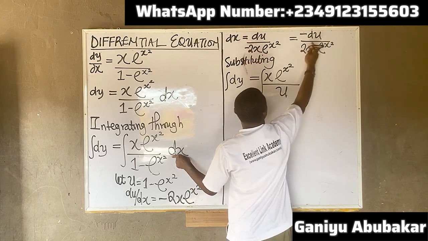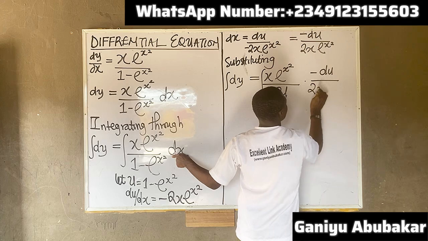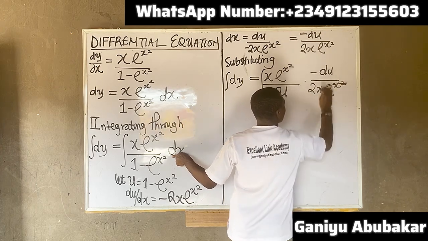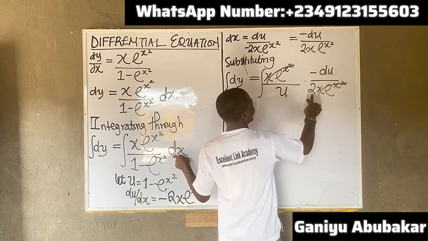The dx is of course negative du all over 2x exponential x squared. Observe that this one here will cancel this one here. So I have only 2 left.